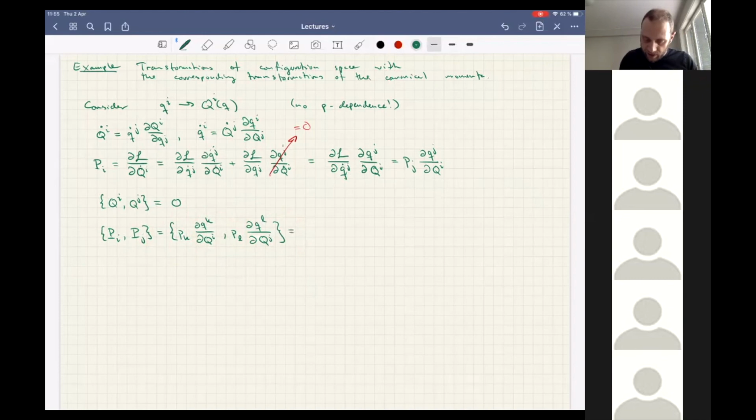So we can write this down as dq k by dQ i, p l, and then the Poisson commutator between p k and dq l by dQ j, and the second term, which is p k, dq l by dQ j, and then the Poisson commutator of dq k by dQ i with p l.